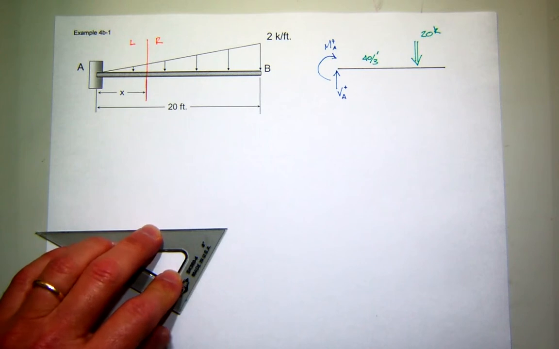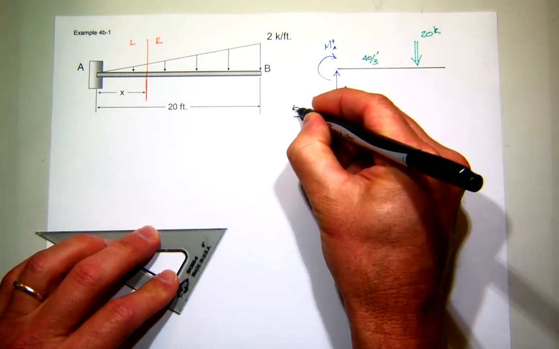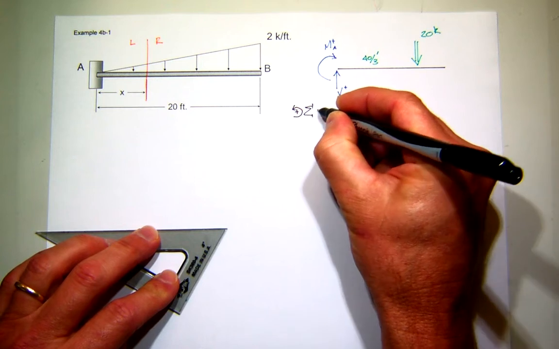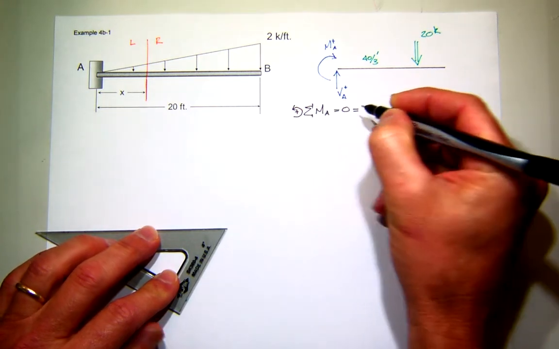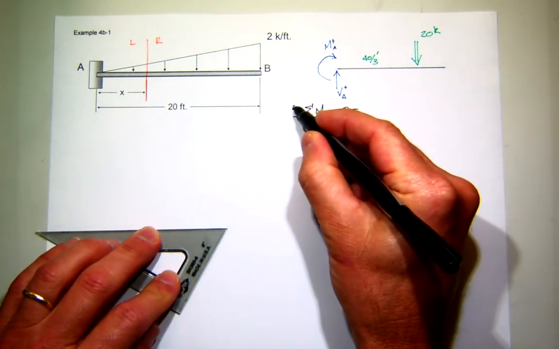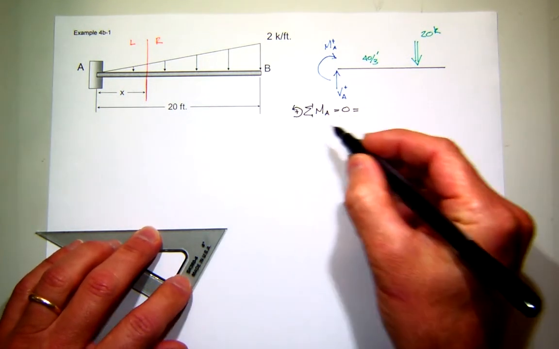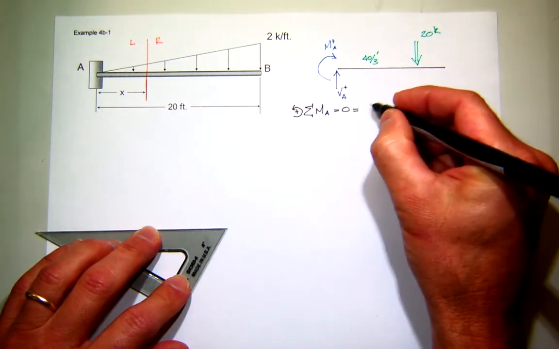So far, so good? So now I'll sum my moments at point A and set those equal to 0. Now I'm doing equilibrium, so my sign convention for equilibrium is the right-hand rule. Looking at that, what kind of moment is this? It's negative.